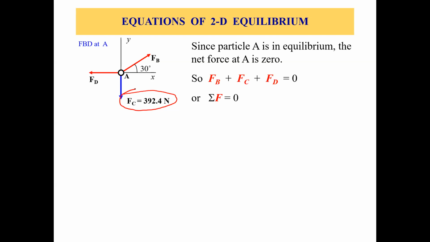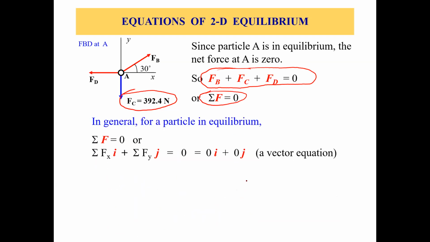So we can say that FB plus FC plus FD equals 0, because there's no balance force, right? There's no movement. It's static equilibrium. Or we can just say sigma F equals 0, summation of forces equals 0, because there's no balance force, right?